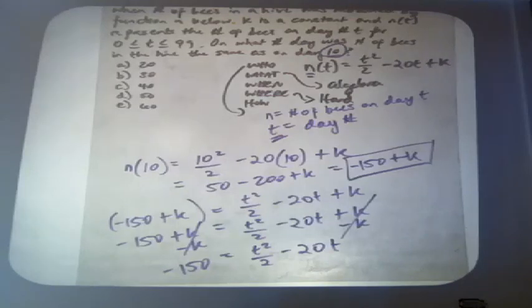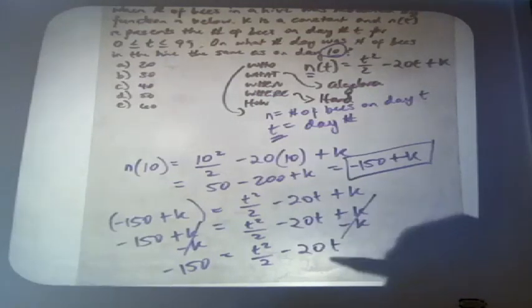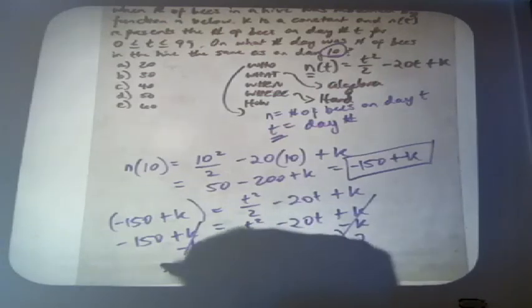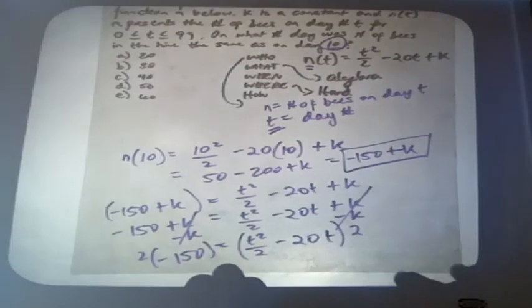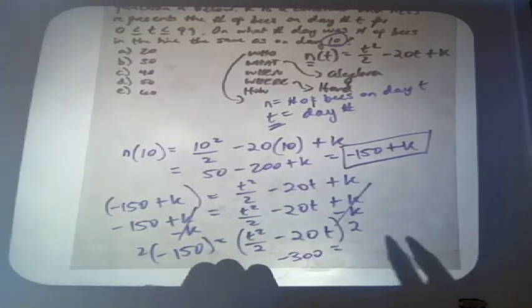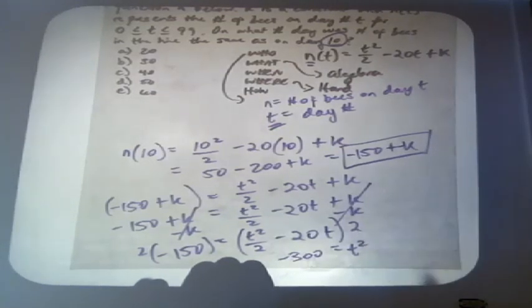Remember, it represents the day number when the number of bees is negative 150 plus k. So the way I like to do it is I like to get rid of this 2 first. So I'm going to multiply both sides by 2. On the left side, I'm going to get negative 150 times 2, which is negative 300. And on the right side, I'm going to get 2 times t squared over 2, which is just t squared. Those 2's are going to cancel.